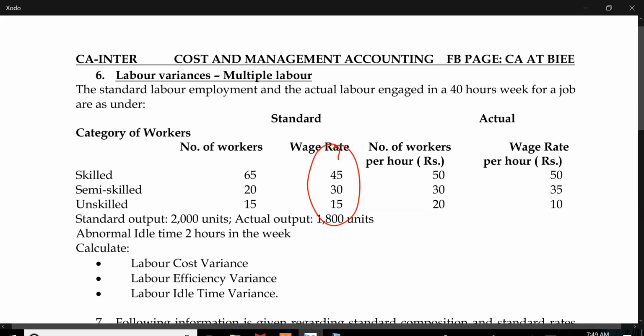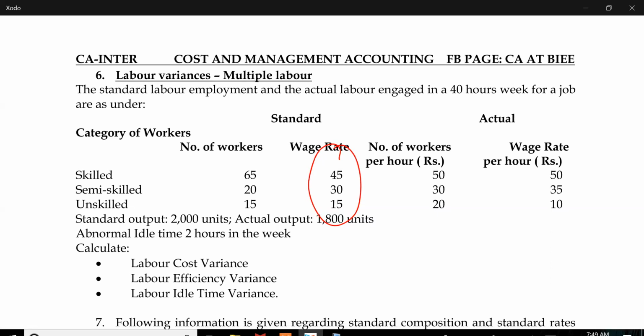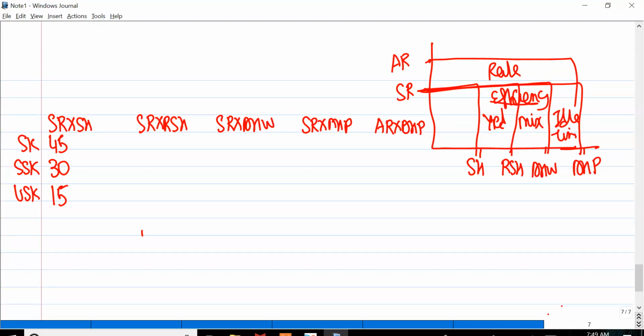Standard wage rate 45, 30 and 15. Fill this at 4 places.